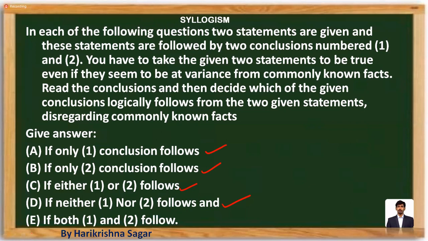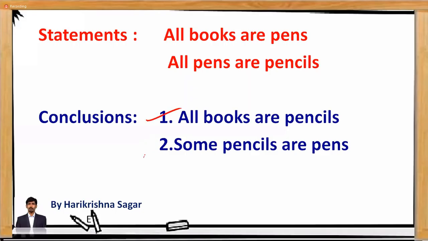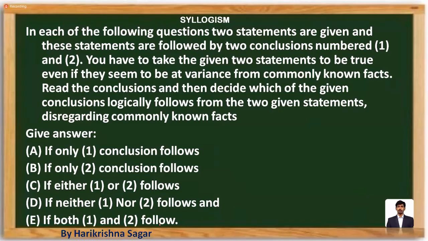If both the conclusions are following, then you can go for option E, that is, both 1 and 2 follow. It's not always given in a specific order. As per your question, you can mark the option choices accordingly. Okay, so this is what you have to know.